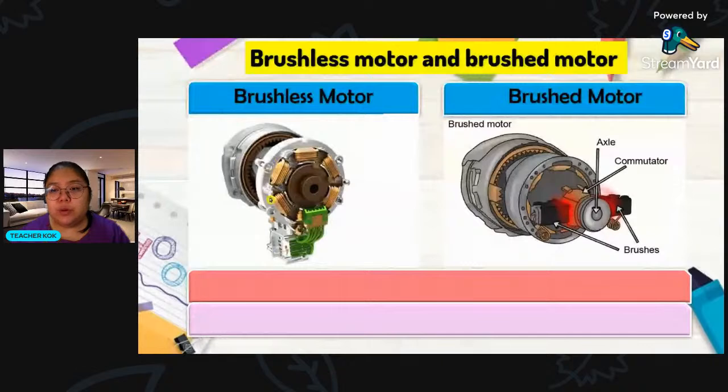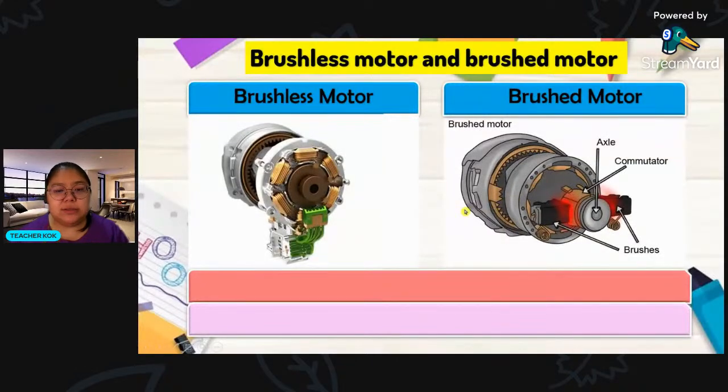So for this brush motor, the center one is the commutator. The carbon brush is the side one, the black color. After that, the magnet is surrounding the coil. Remember the coil we learned before, the magnet is permanent and fixed there.